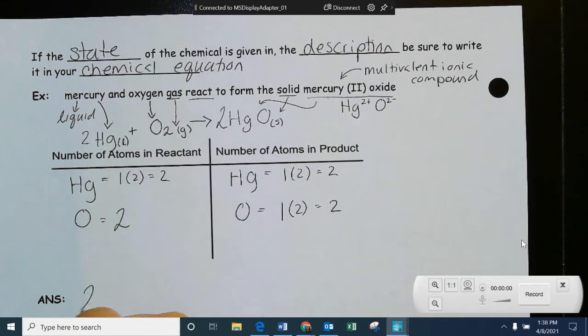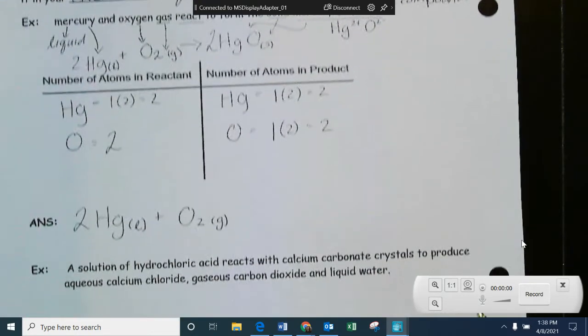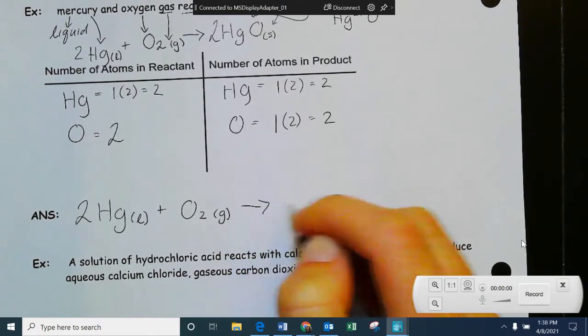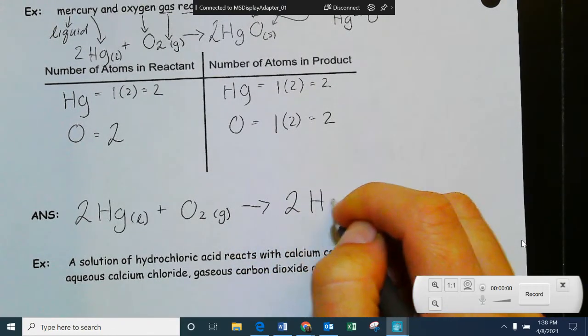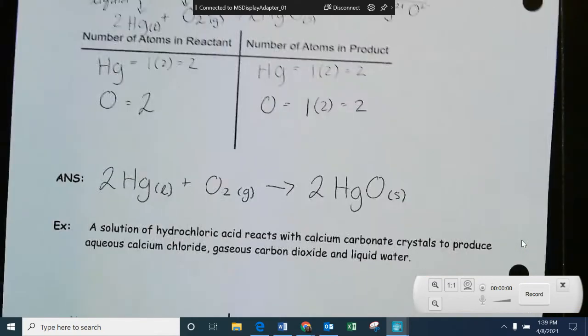Okay, so our answer: 2Hg(l) plus O2(g) goes to 2HgO, and that whole thing is a solid, that entire compound.